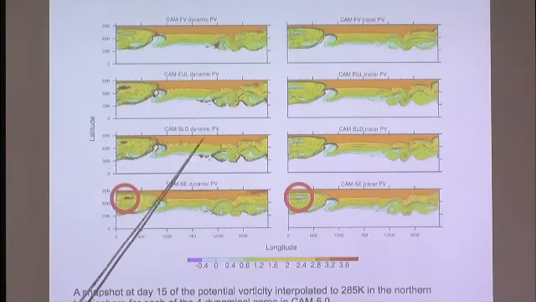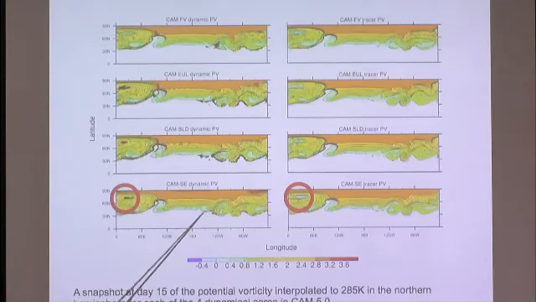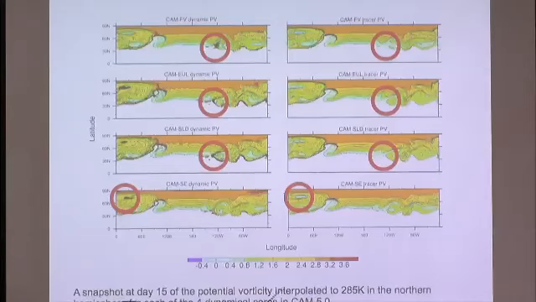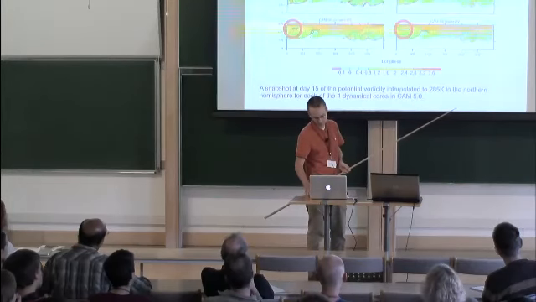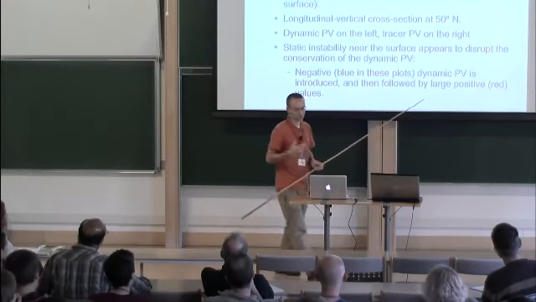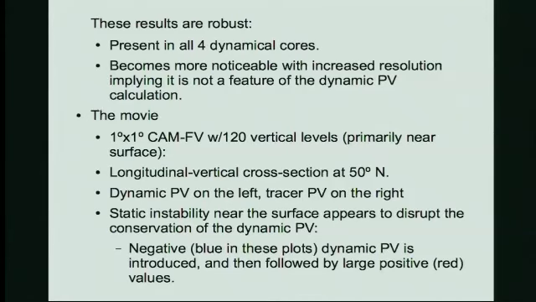And this happens for all four of the dycores. It's a little less distinctive for CAM-SE where the isentropes intersect the surface, but it does happen for all four of them. And this is just to highlight that region here, so you can see where it is. So results like this, where the isentropes intersect the surface, are pretty robust.